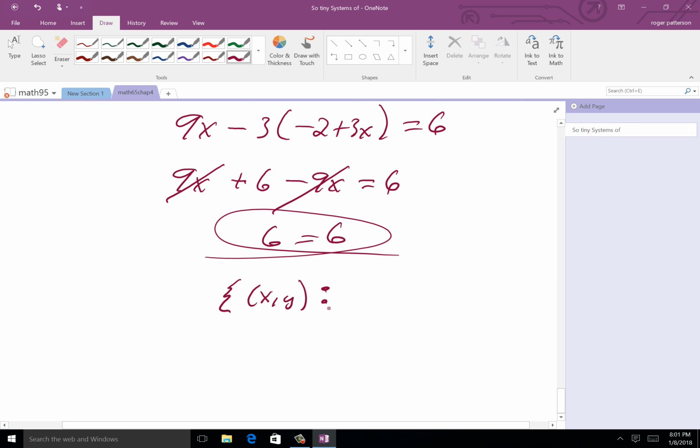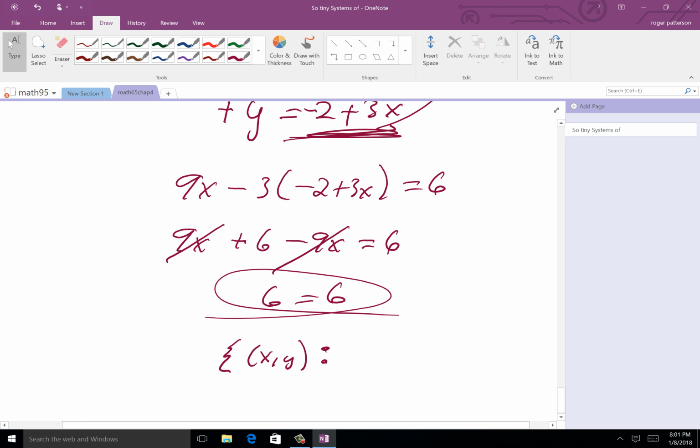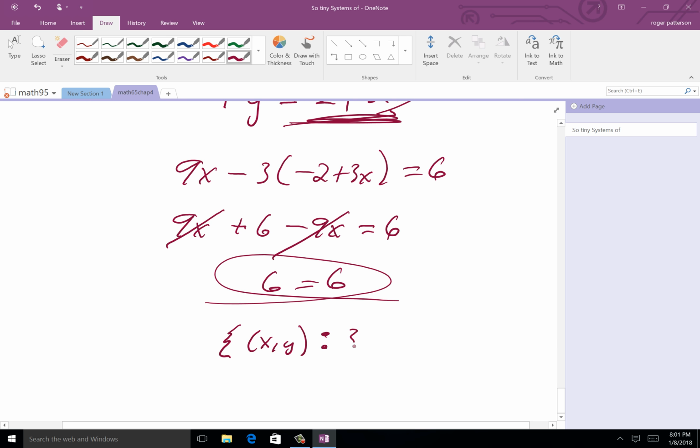The colon means such that. And then you pick whatever equation you want. So for example, I'll pick 3x minus y equals 2. What you're saying is that it's all the x's and y's that work in that equation. You can't say all real answers because it's possible that 0, 0 doesn't work.